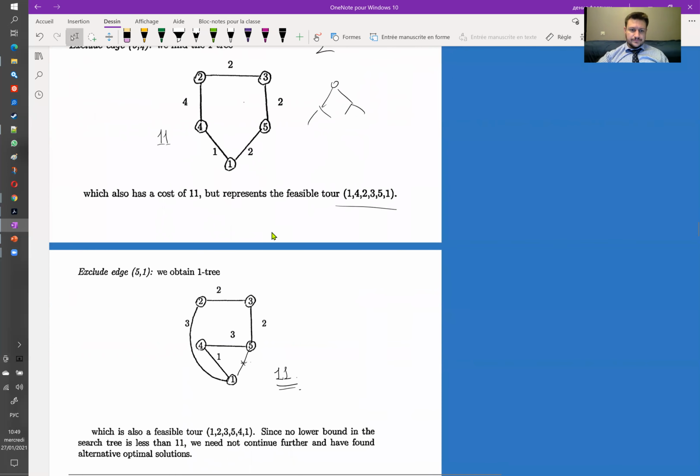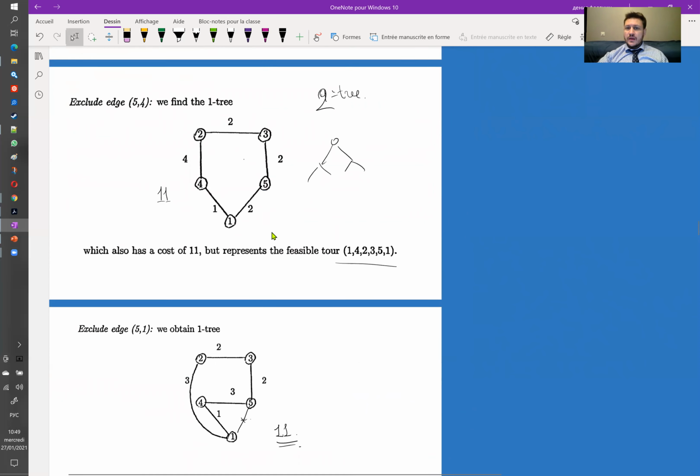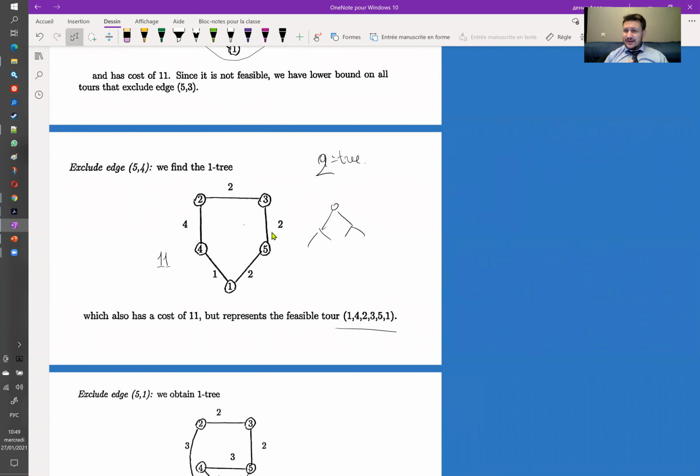Okay. Is it clear how we do this? If it's not clear, we can discuss it later. Right now, it's time for a break. Maybe you will look at this more accurately during the break, or maybe later. You are free to spend your break for your own purpose, not just thinking about this problem.